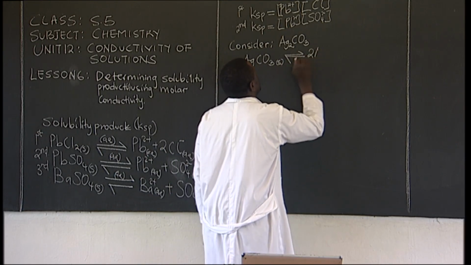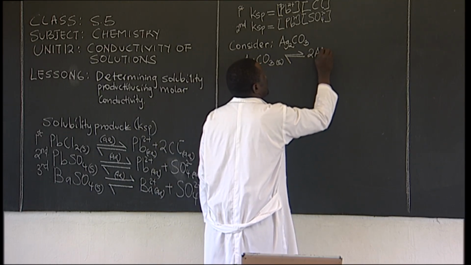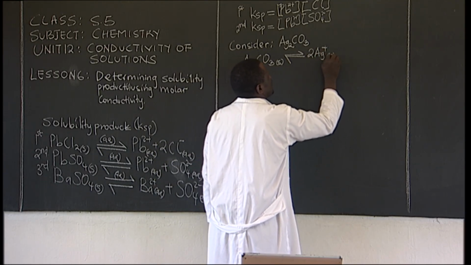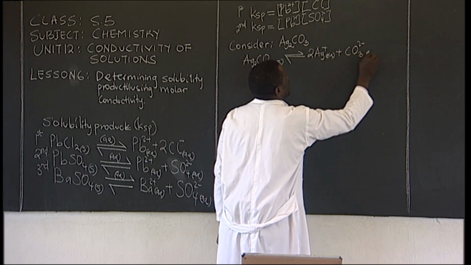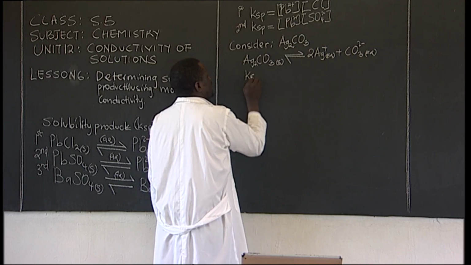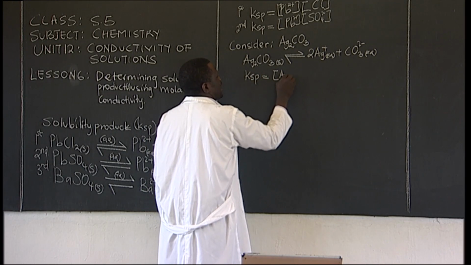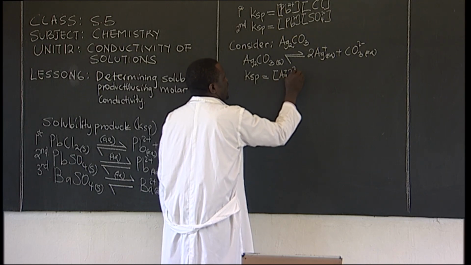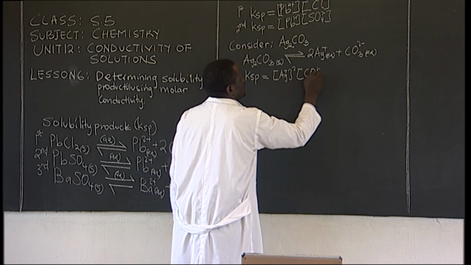We are supposed to have a 2 here from the silver, so we shall have silver ions, aqueous, plus the carbonate, which is also aqueous. So our Ksp value will equal the concentration of silver ions squared times the concentration of carbonate 2 minus.